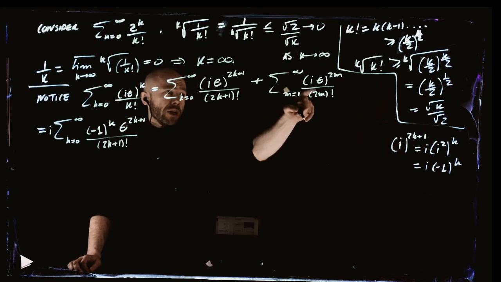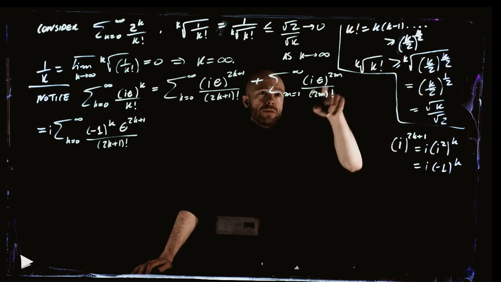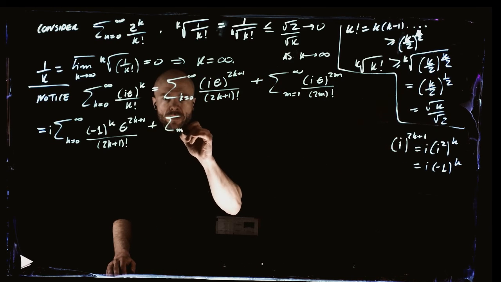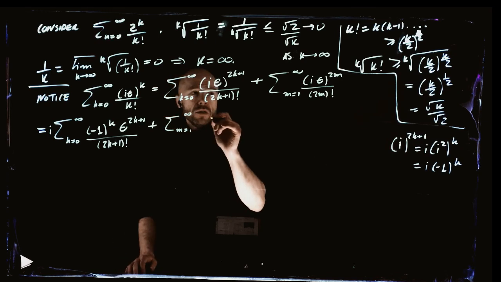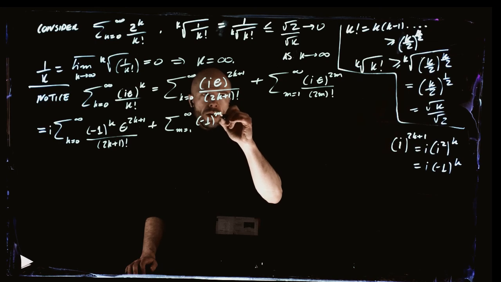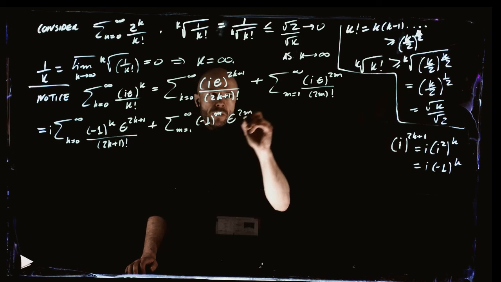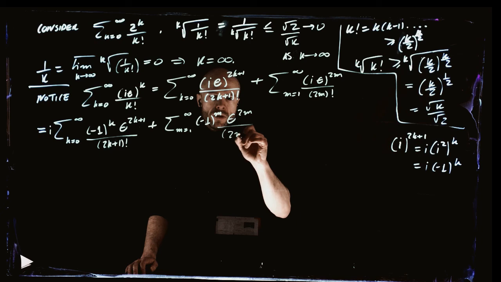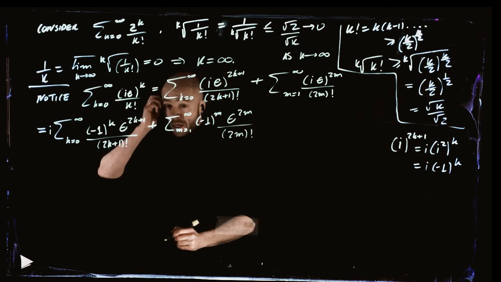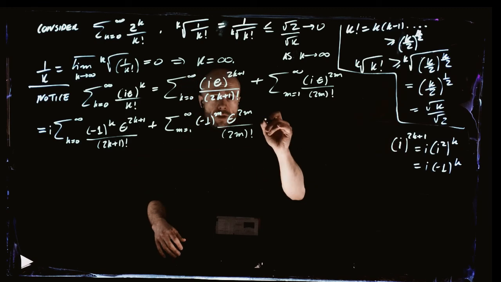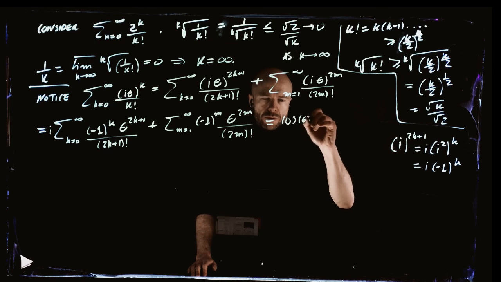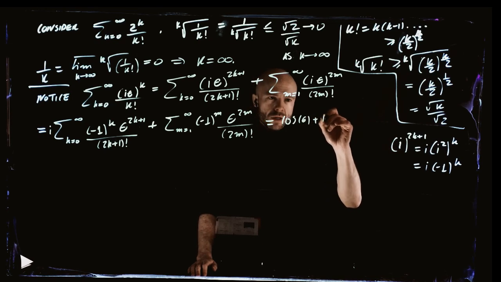And then from the other thing, we're just going to have the sum m equals 1 to infinity of minus 1 to the m, theta to the 2m over 2m factorial, like this. And as you people know, this thing is just going to be cosine of theta, and this thing here is just i sine of theta.